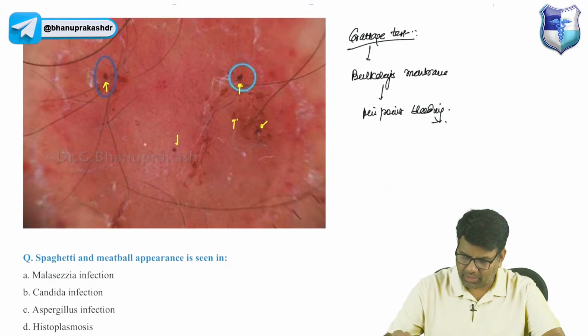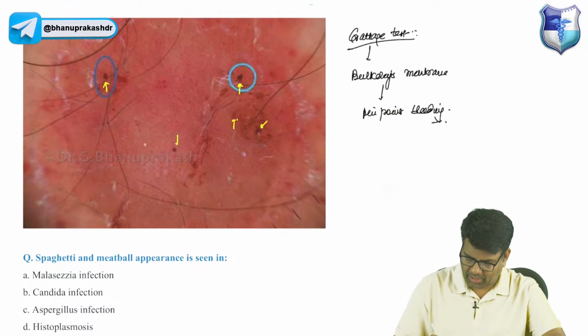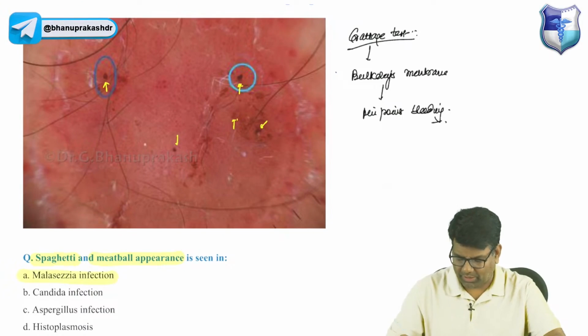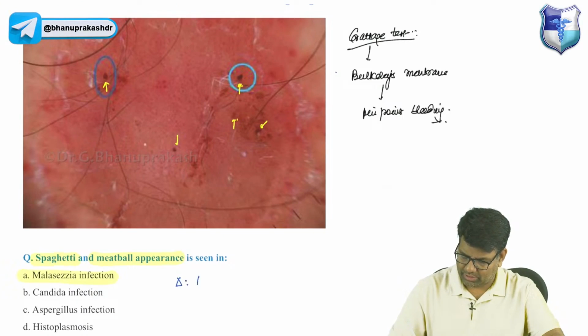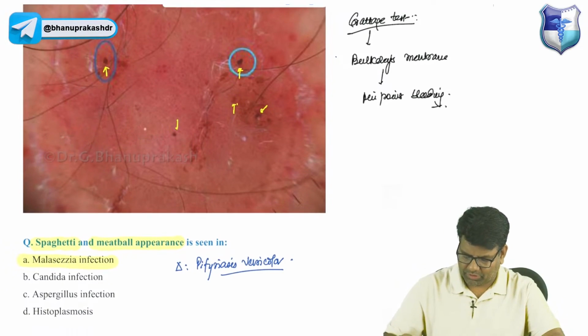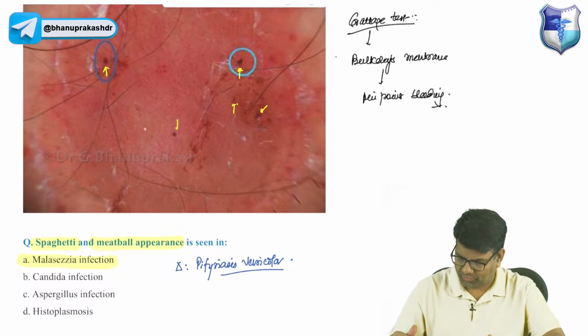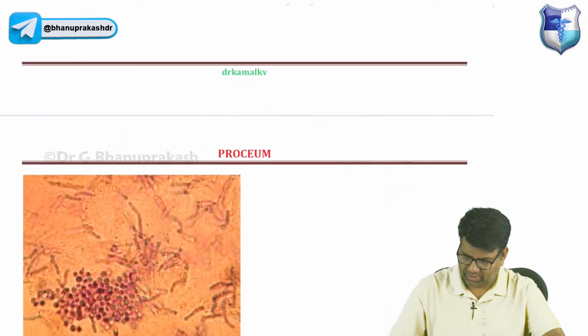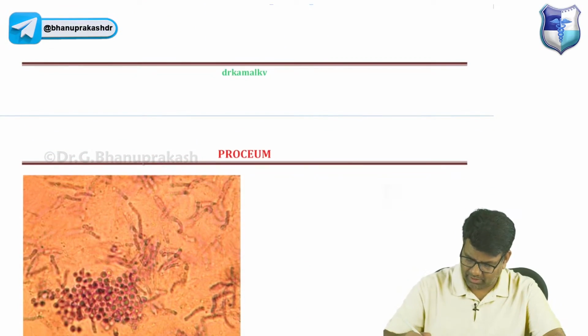Perfect. Now coming to next question, spaghetti and meatball appearance. Very good. So this clinical condition is pityriasis versicolor, also known as tinea versicolor, which is caused by Malassezia furfur. And what we actually see here, we will see rounded forms. Okay.